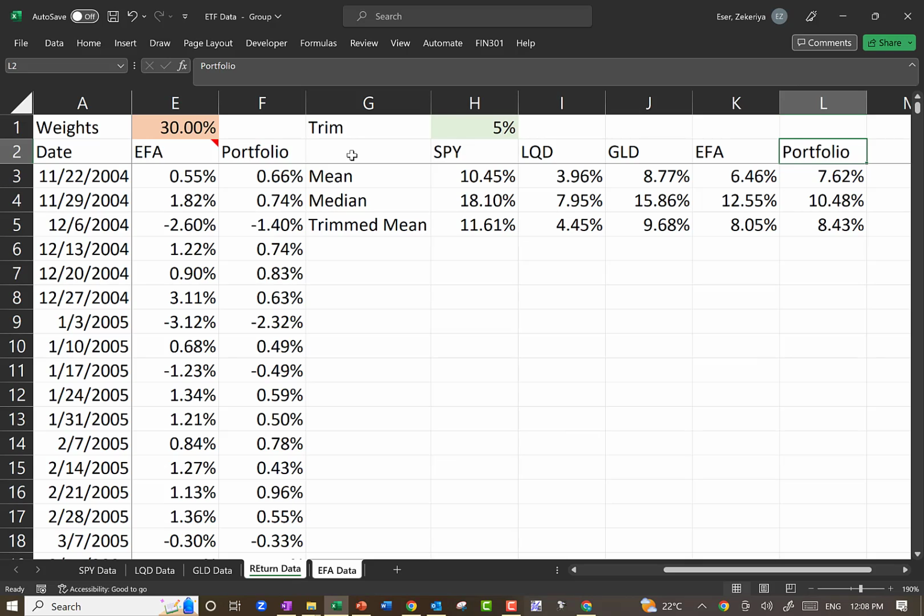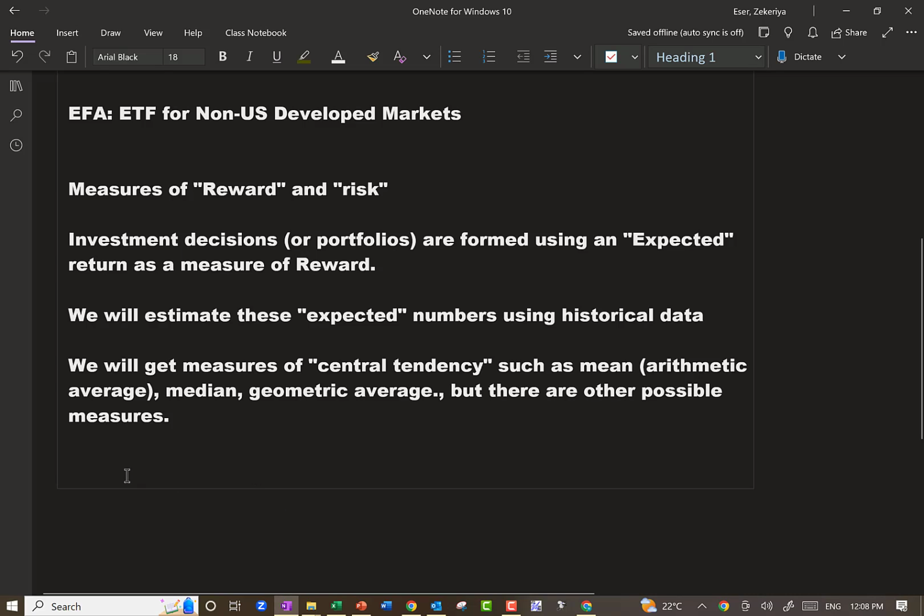Technically, I could calculate the range as a measure of risk, but that would not be robust. Okay? So measures of risk, we're going to call this measures of deviation.